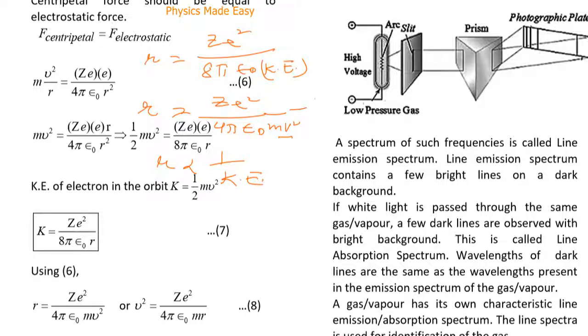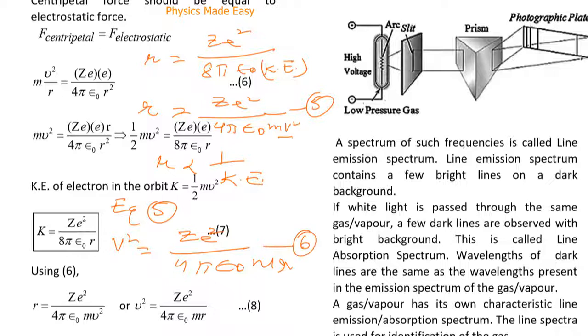Let it be equation number 5. Now equation 5 gives us velocity v square to be equal to z e square divided by 4 pi epsilon naught into m r. This is the formula for velocity.